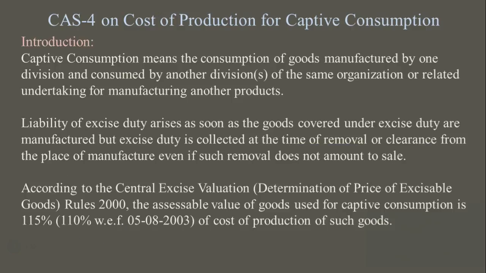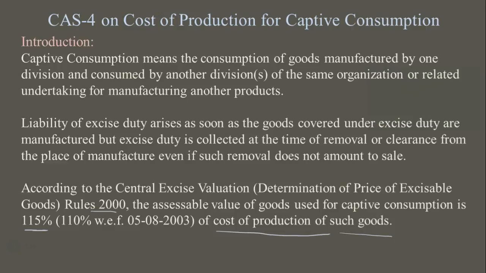Okay, now basically according to the Central Excise Valuation (Determination of Price of Excisable Goods) Rules 2000, the assessable value of goods used for captive consumption is 115% of the cost of production of such goods.